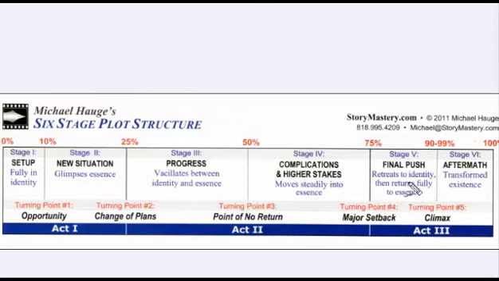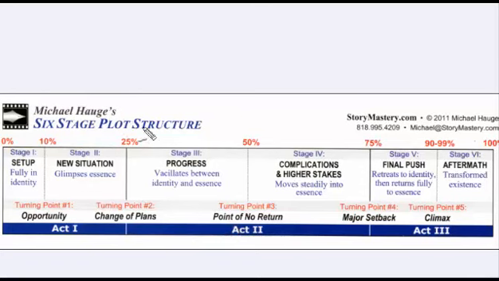Then the hero begins a final push, retreating momentarily, then putting everything on the line until there is a climax where the hero faces the biggest obstacle of the whole story, and the outer motivation is finally resolved, moving the hero into the aftermath, which reveals the new life the hero will live since he has completed the journey.